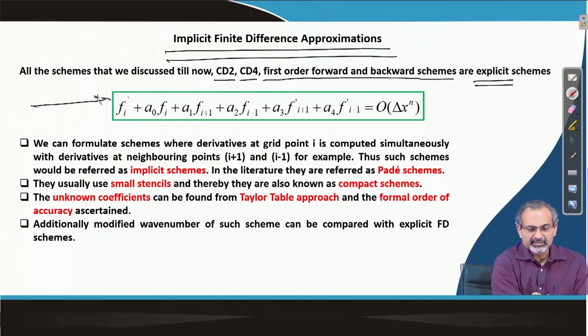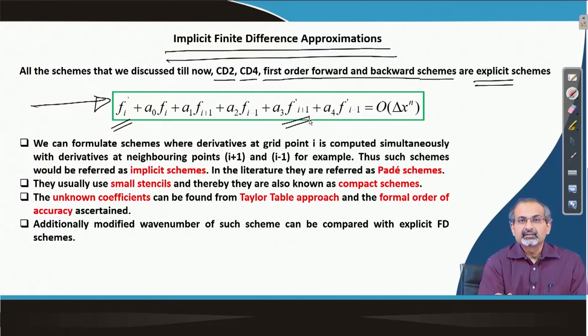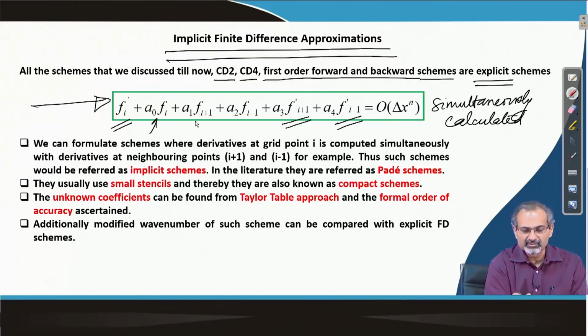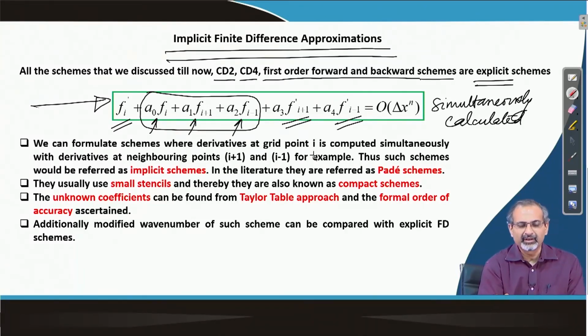But if you look at a scheme like this, where the derivative at the grid point I, the derivative at the grid point I plus 1 and the derivative at the grid point I minus 1, all first derivatives are being simultaneously calculated here. Now, even if you substitute the functional values at these points, you cannot get a direct value of f I dash from this equation.